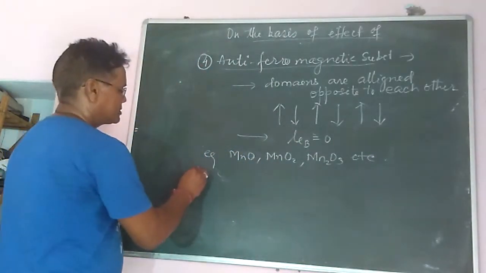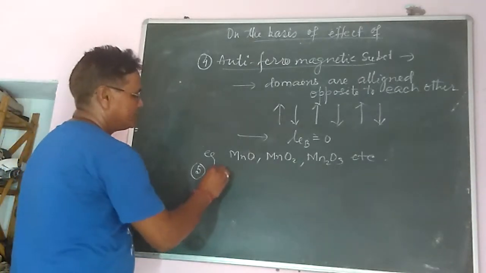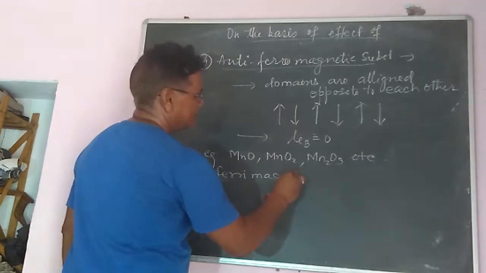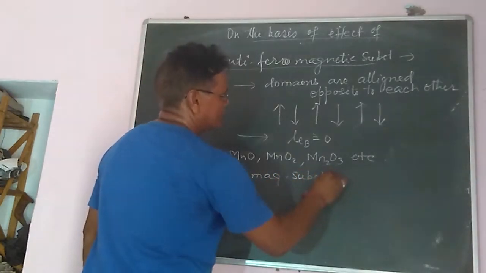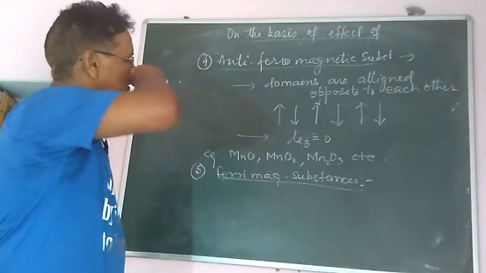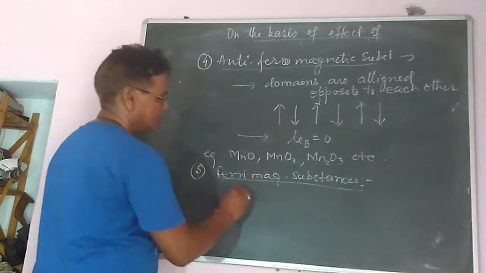Now next, that is the ferrimagnetic substance. In a ferrimagnetic substance, the domains are aligned opposite to each other.